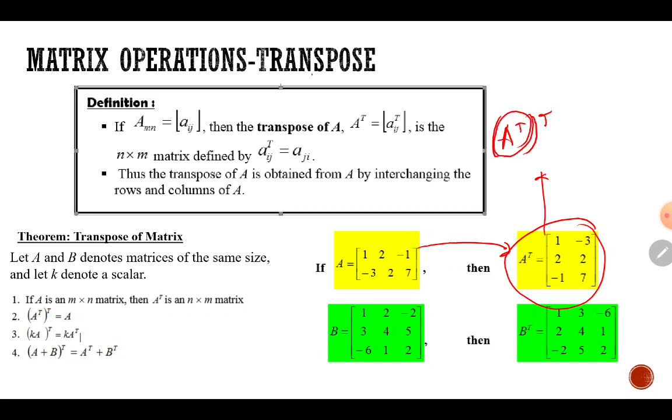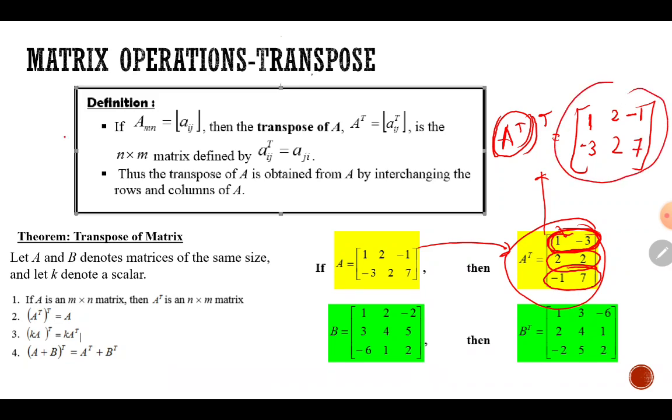We transpose one more time. So for sure, the first row will become the first column, right? How do we change row to column, column to row? So the first row, 1, negative 3, will become the first column. Second row, 2, will become the second column. And third row, negative 1, 7, will become the third column.